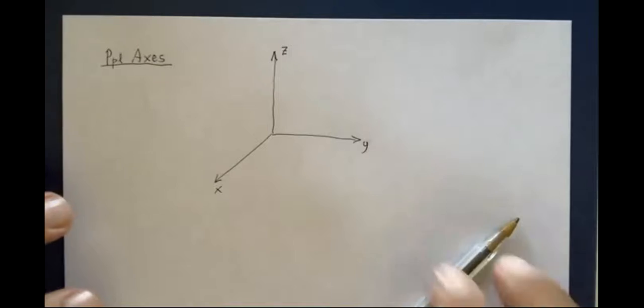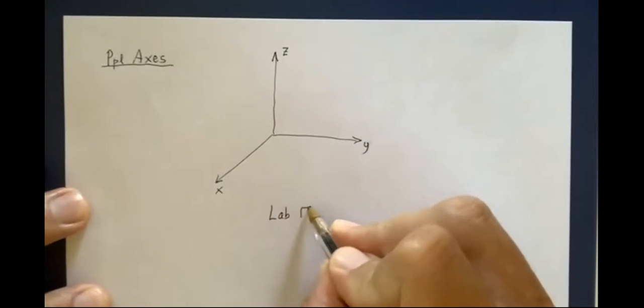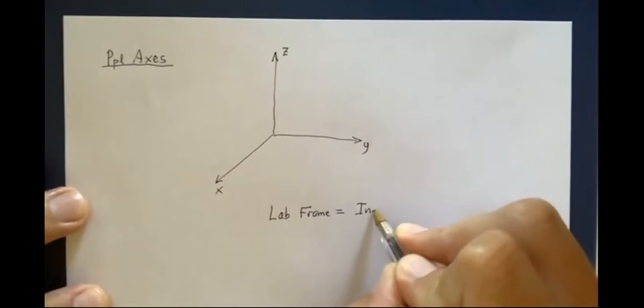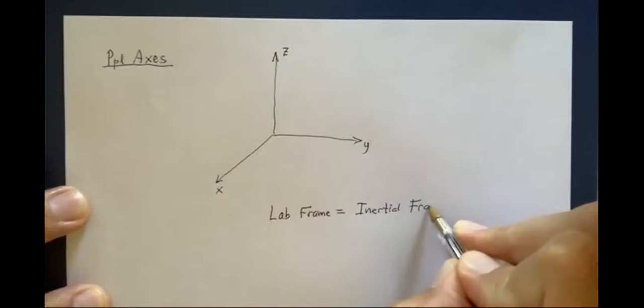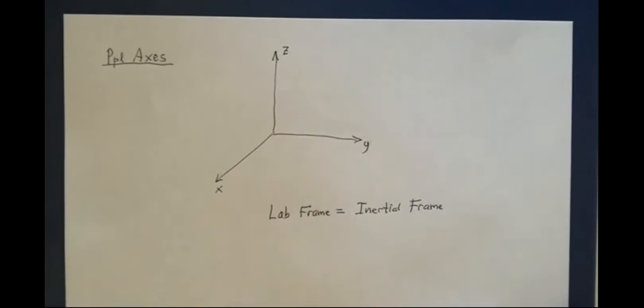The lab frame is the inertial frame. Okay, so lab frame, inertial frame, and this is a familiar picture to us. We have these 3 axes, XYZ axes. They are mutually orthogonal, et cetera, and so forth. It's a right-handed system. So that's our lab frame.